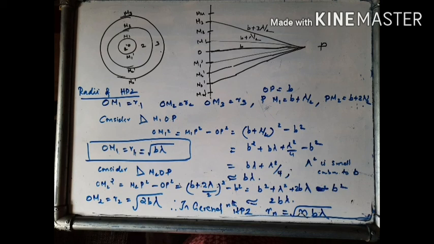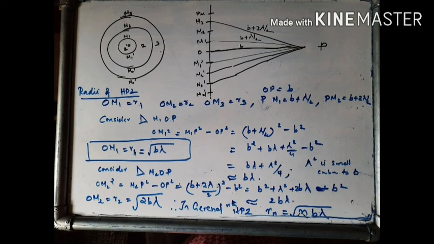The first half period zone is a circle having radius OM1, and the second half period zone is an annular region between two circles having radii OM1 and OM2, and so on. Therefore, now we can find the radii of each half period zone in order to find the area of each half period zone. For that, we are considering the second figure.